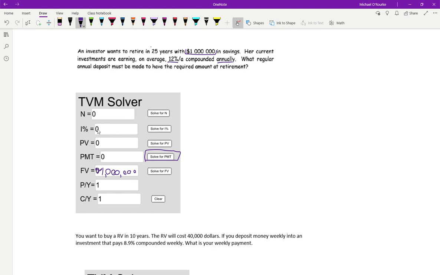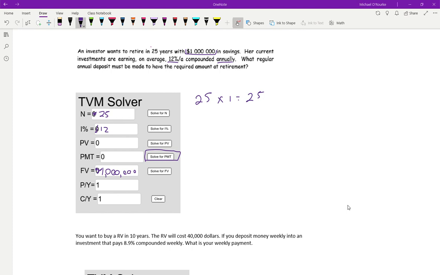Now if we go through this, 12% is going to be this number. Now it's annually, so that's one time a year, so 1 and 1. And to get this n number, we take our years and times it by how many times per year. So we have a 25 here. So let's use our TVM solver to work this through.